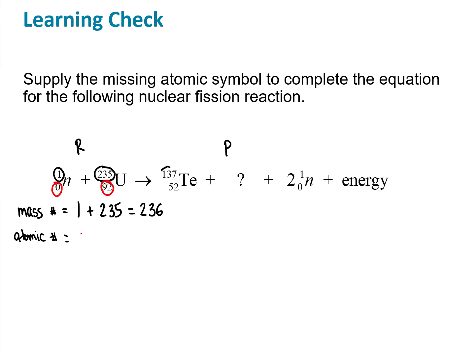For the atomic number, that neutron doesn't have an atomic number, so its contribution is 0. But I write it anyway just to show you that you take everything that's on the bottom and you add. So our total atomic number on the reactant side is 92.